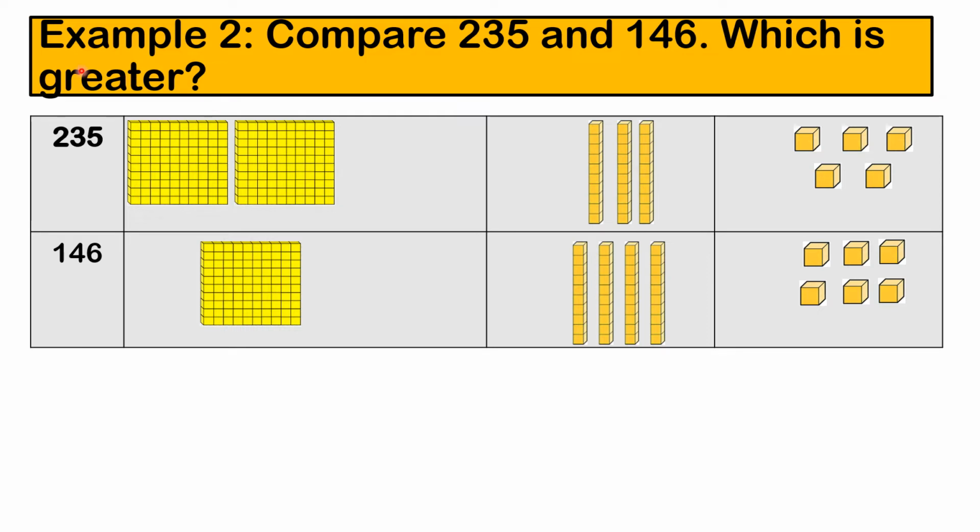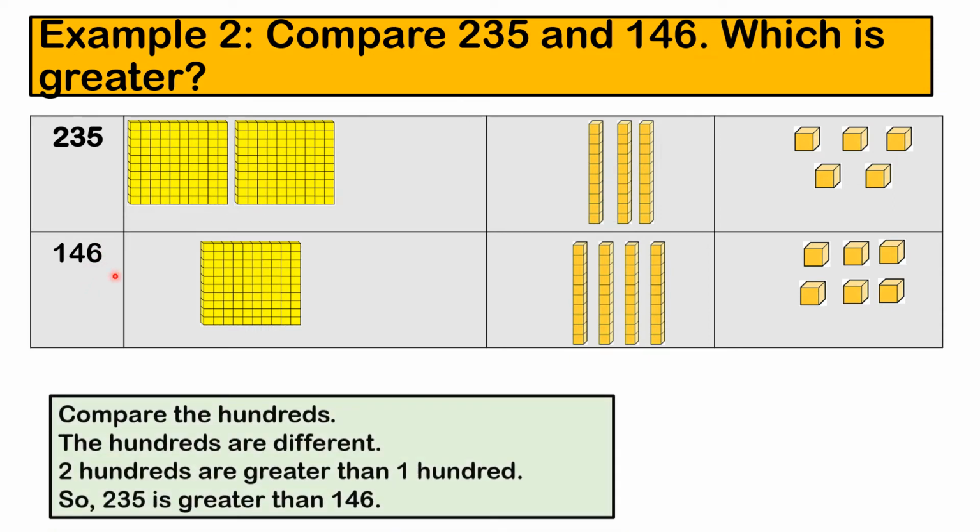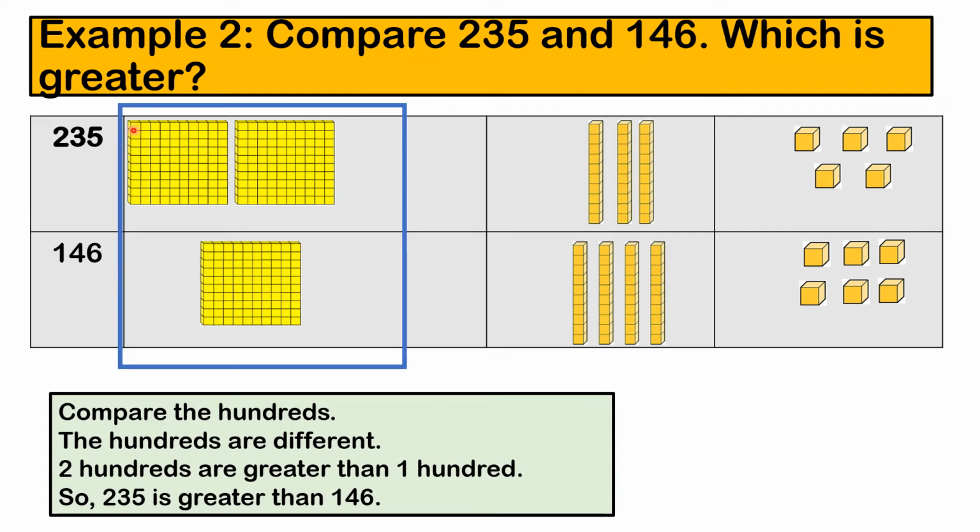So now in example 2, we want to compare the number 235 and 146, and we want to know which one is greater. So first, let's compare the hundreds because it is the very first digit for both numbers.